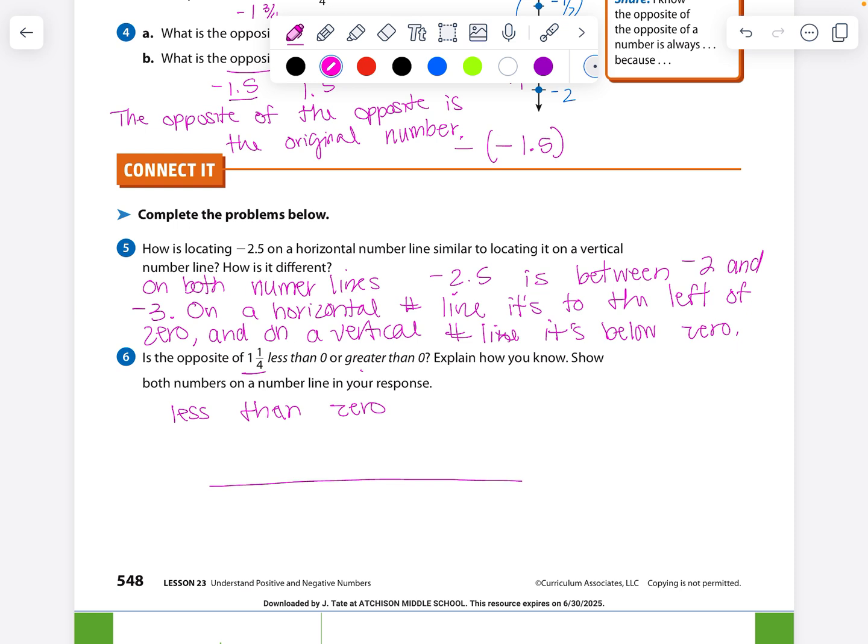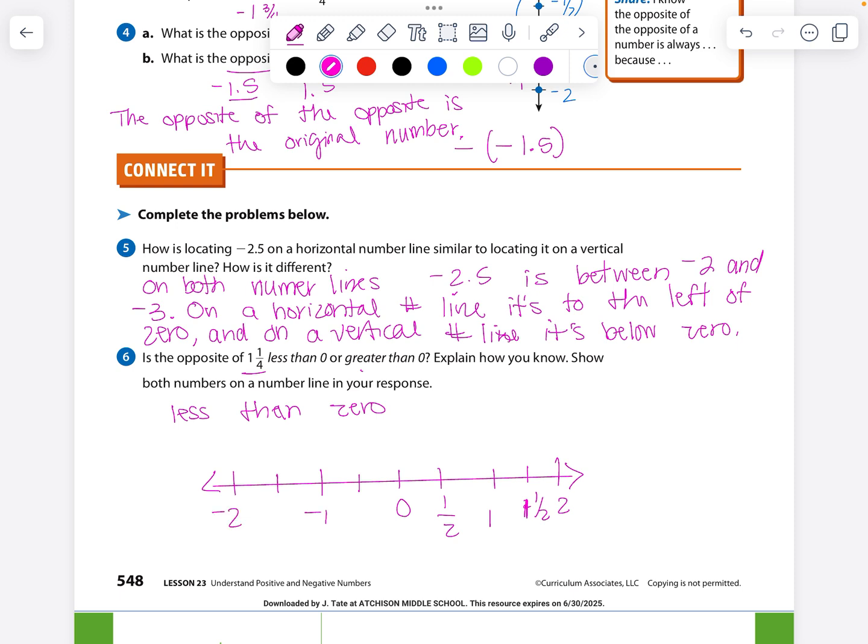And then I'm going to use a horizontal number line to show that. Okay, I'll just do it like that. Sorry. 1, 2, and then I'll put a 1.5 here.